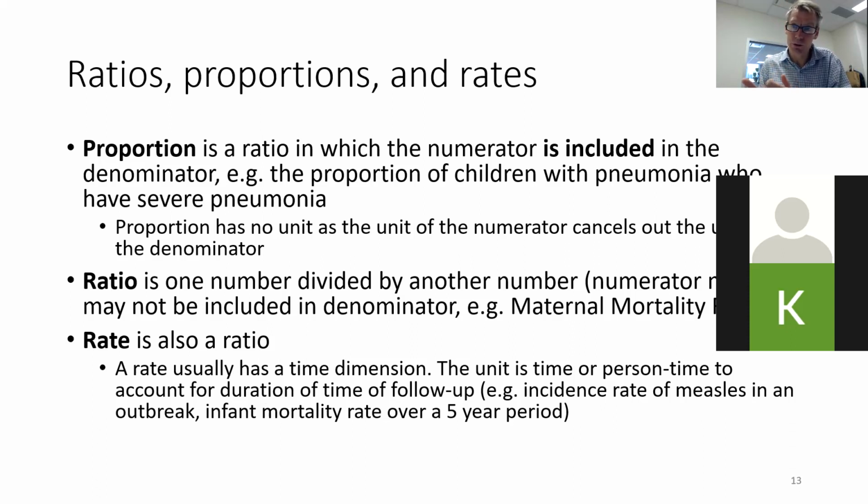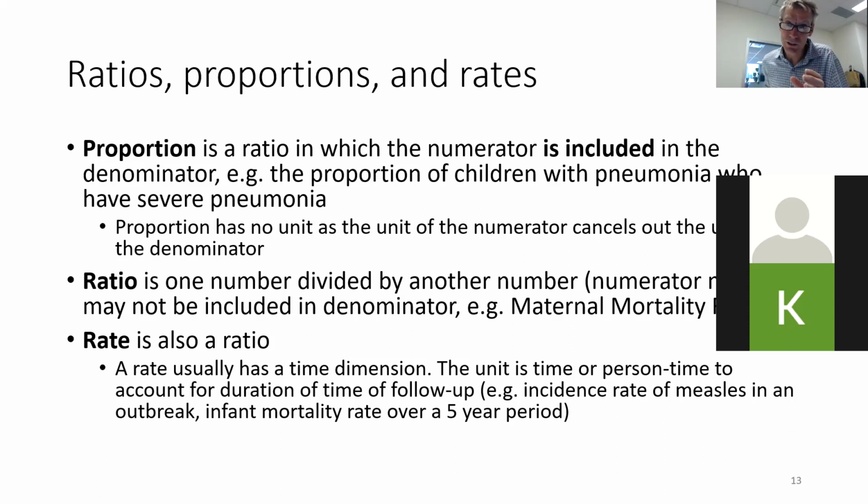Or the neonatal mortality rate is the number of babies that die up to the age of 28 days or 1 month of life divided by every 1,000 live births. All right, the child mortality rate is the number of children who die up to the age of 5 years divided by every 1,000 live births. All right, and so a rate has a numerator and a denominator.